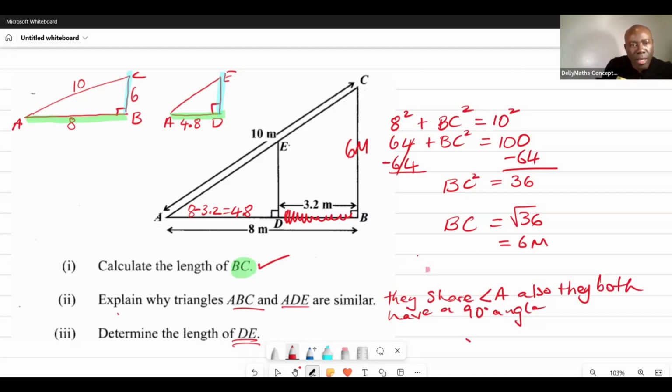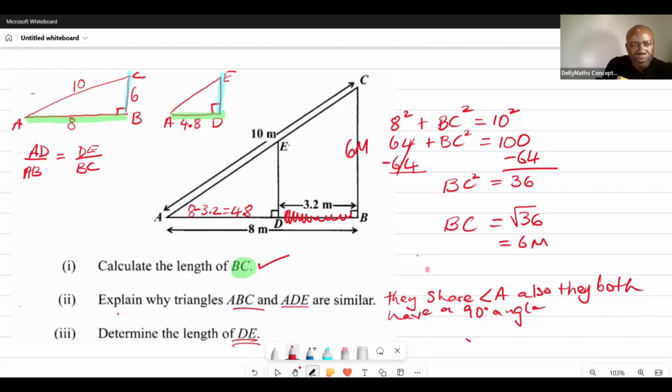For example, I could say AD over AB will be equal to DE over BC. That is us setting up, because corresponding sides always give the same ratio.